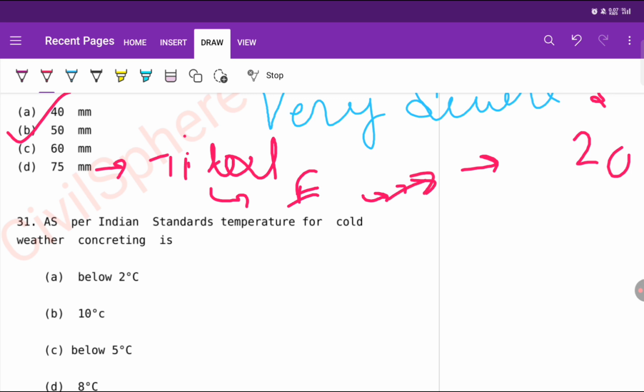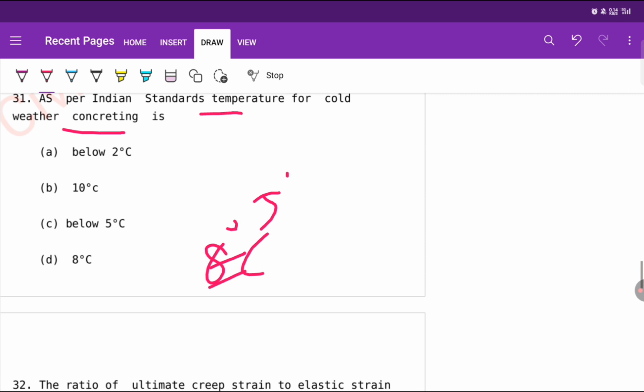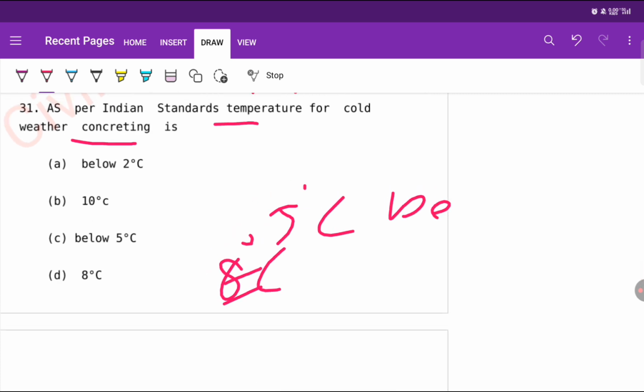For the splashing zone, the maximum cover needed is 75 mm. As per Indian standard, the temperature for cold weather concreting is 5 degrees Celsius or below. Note this: for cold weather concreting, the temperature is 5 degrees or below.